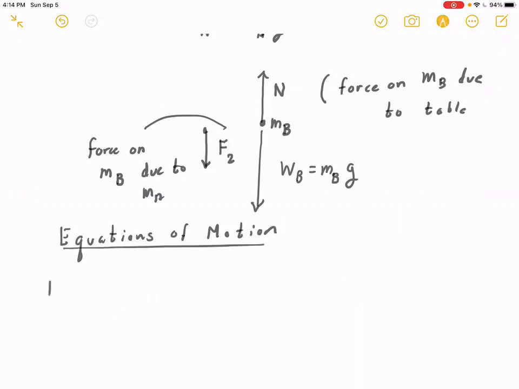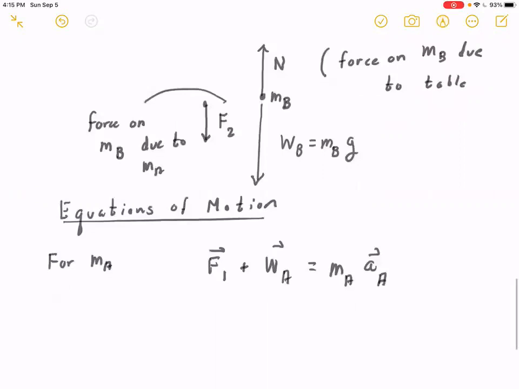So for M sub A, I can write down that the vector force F sub 1 plus W sub A equals M sub A times the acceleration of that mass. Note that there are no forces in the horizontal direction. So this is exactly like the previous case.